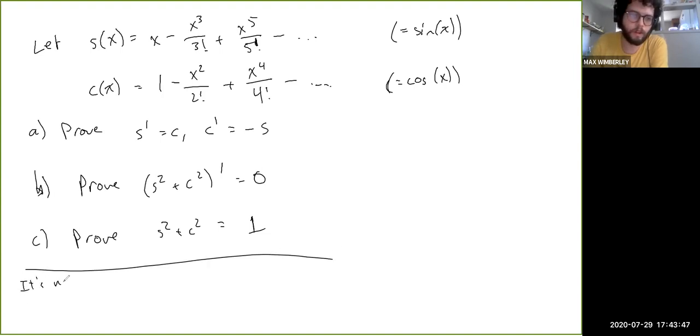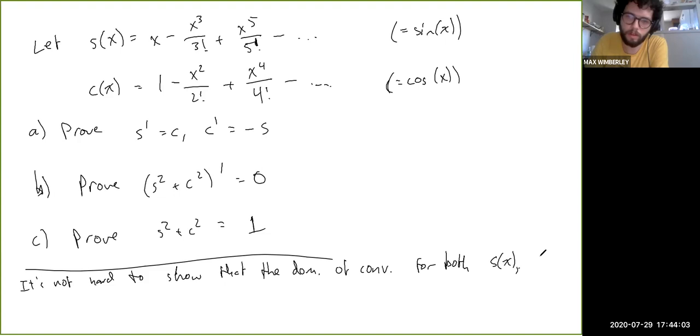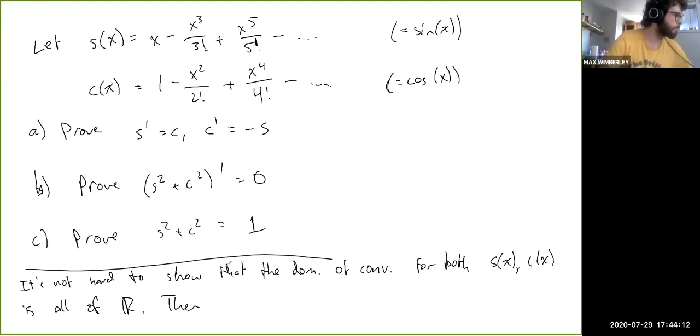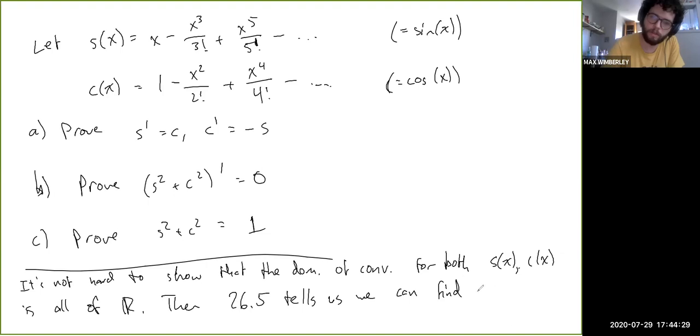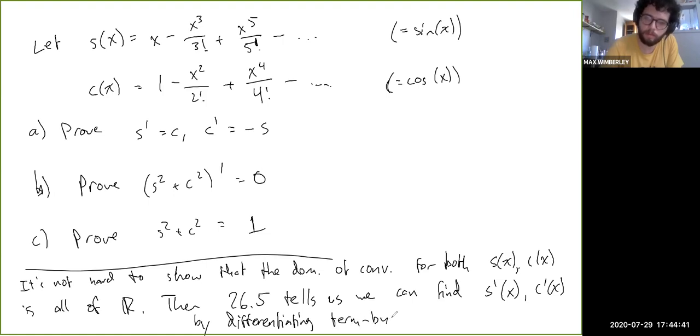It's not hard to show that the domain of convergence for both s of x and c of x is all of R. Then theorem 26.5 tells us we can find s prime of x and c prime of x by differentiating term by term for any x in R.